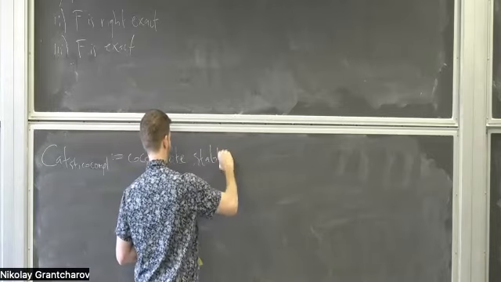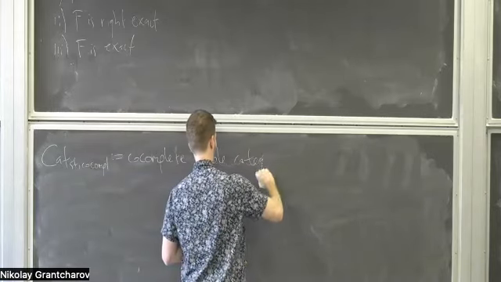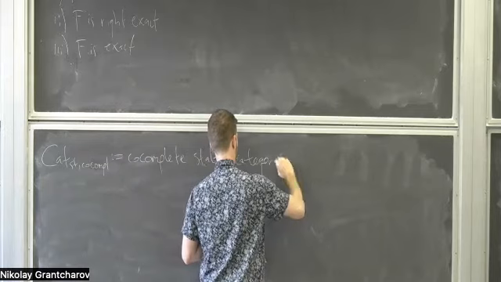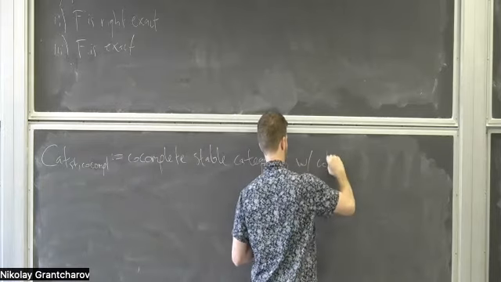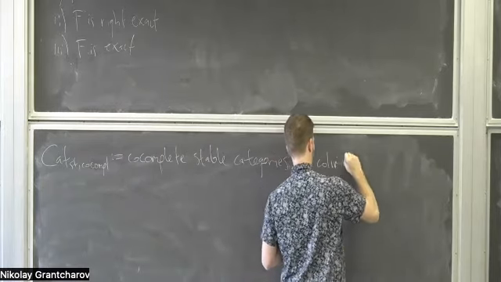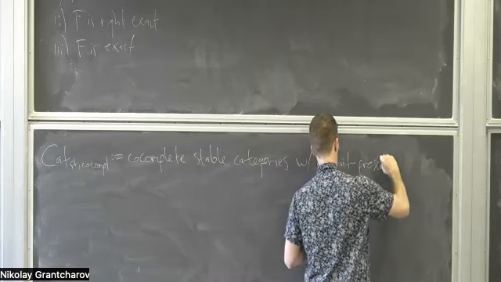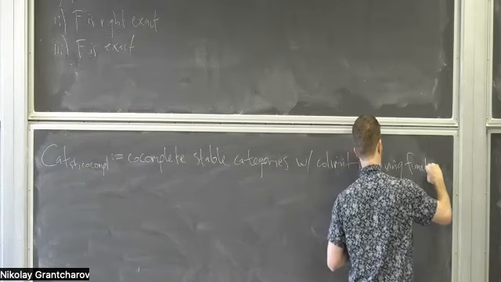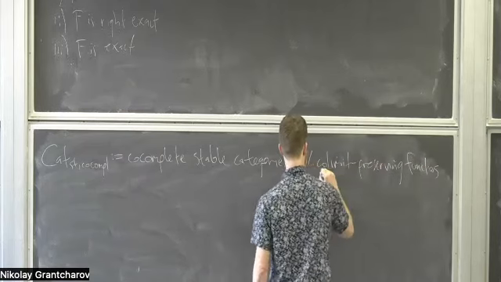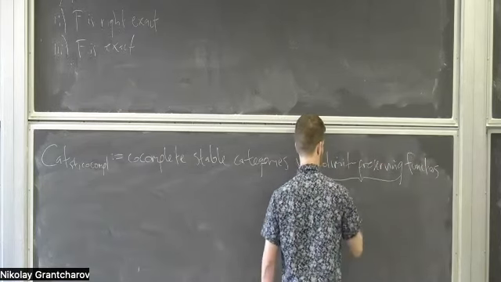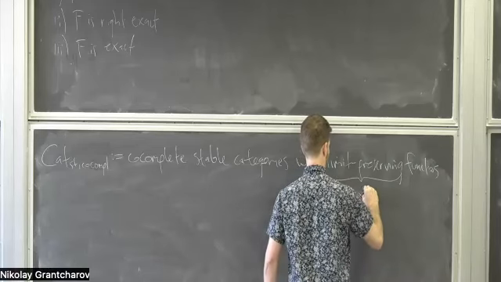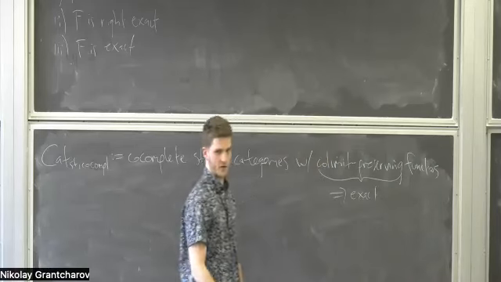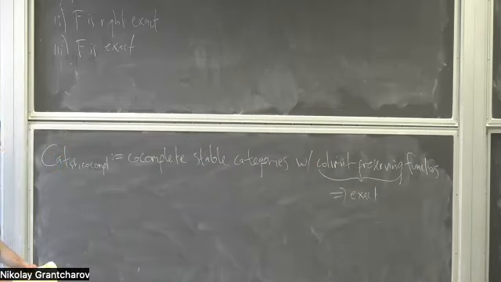They're co-complete stable categories with co-limit preserving functors. And notice that co-limit preserving for functors between stable categories implies exact, right? Because in particular, they preserve finite co-limits, so they're right exact, so they're exact.